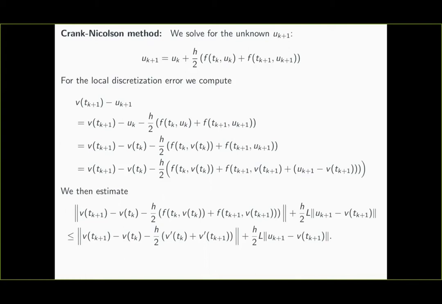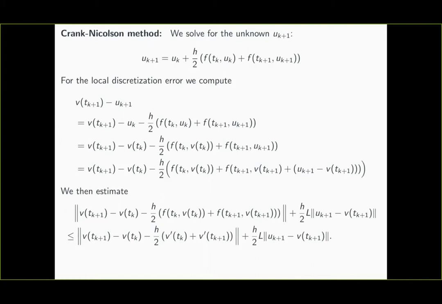The least thing I can do is to replace u_{k+1} by v(t_{k+1}) plus the difference u_{k+1} minus v(t_{k+1}). Just some algebraic substitution. I haven't changed anything yet.